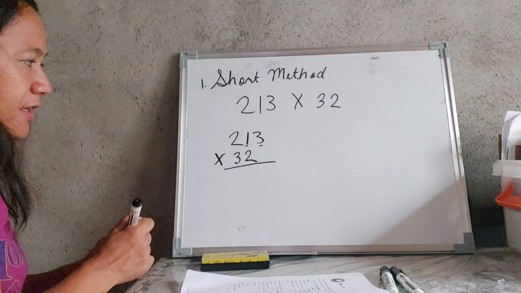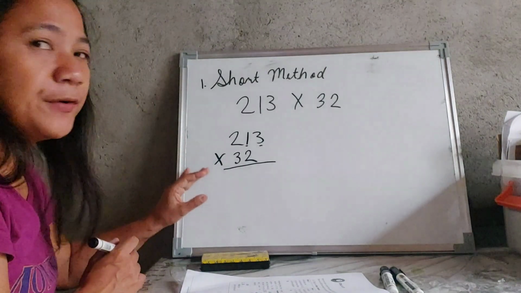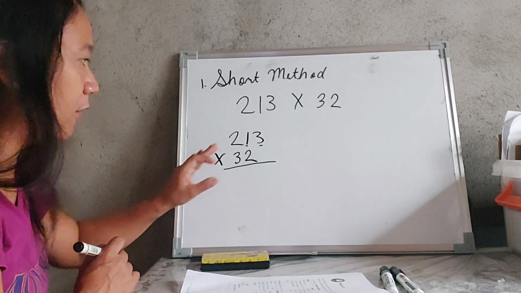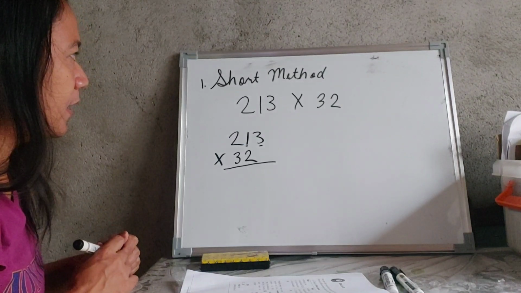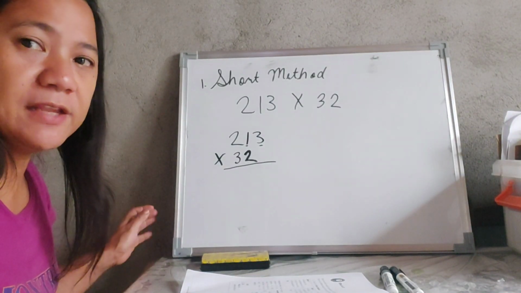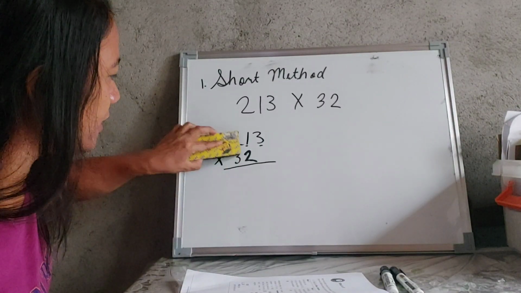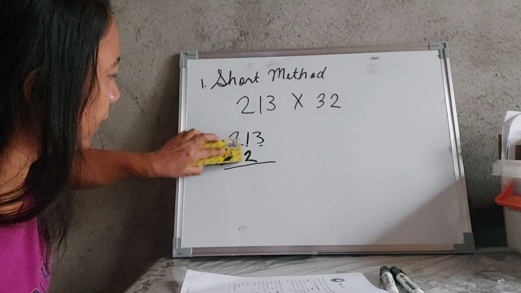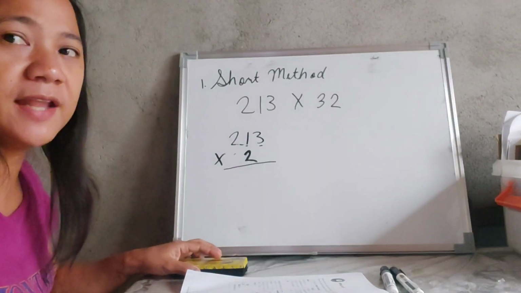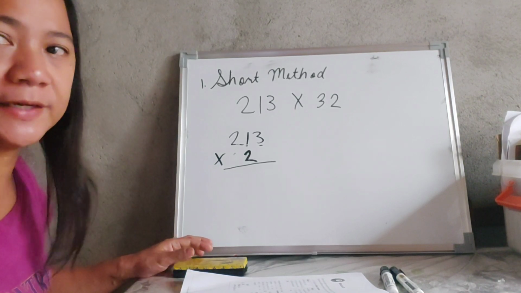Okay. After writing it down, we can find the first partial product of the short method. So para hindi malito, pwede natin i-cover or i-erase muna yung number 32 since ang hinahanap natin is the first partial product.